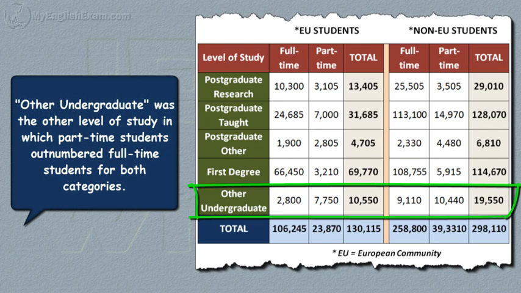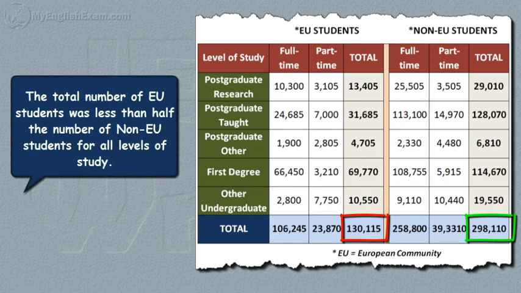Other undergraduate was the other level of study in which part-time students outnumbered full-time students for both categories. The total number of EU students was less than half the number of non-EU students for all levels of study.